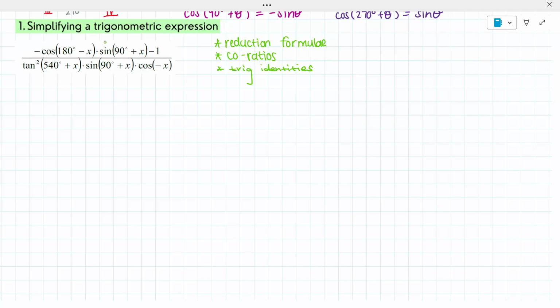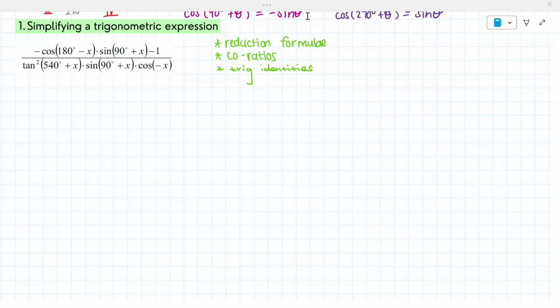So these are the 3 things you need to be able to work with: reduction formulas, co-ratios, trig identities. So we have been given negative cos of 180 minus x times sine of 90 plus x minus 1, divided by tan squared of 540 plus x times sine of 90 plus x times cos of negative x.